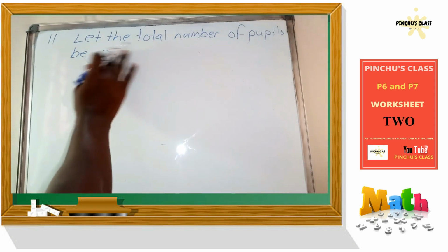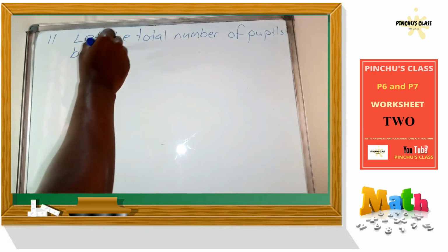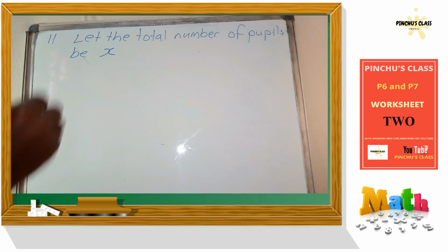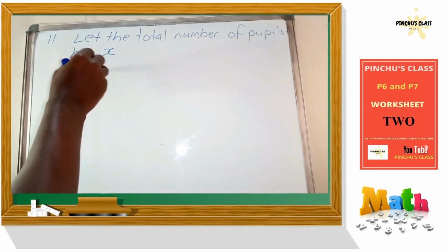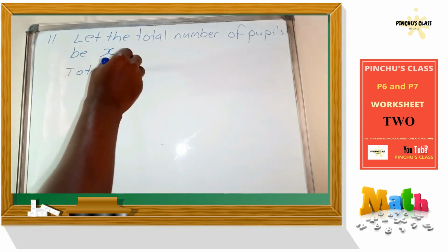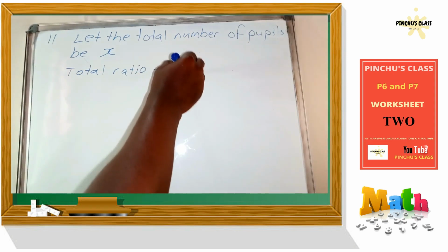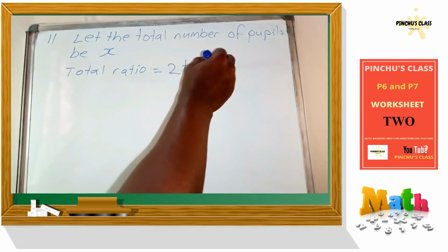So after writing x, then we find a total ratio, which is going to be 2 plus 3, which gives us 5.